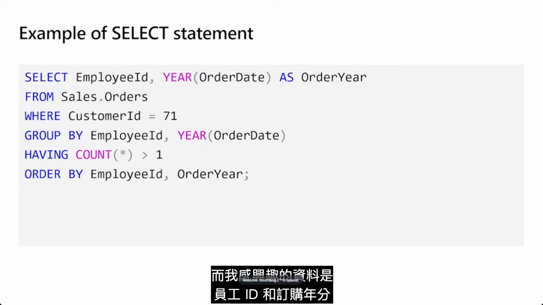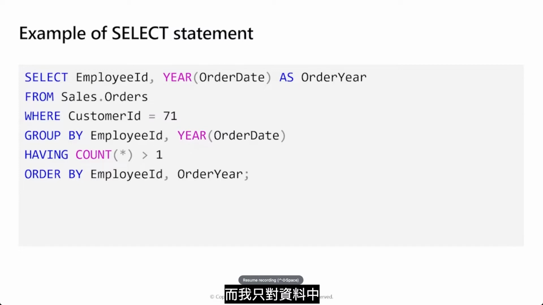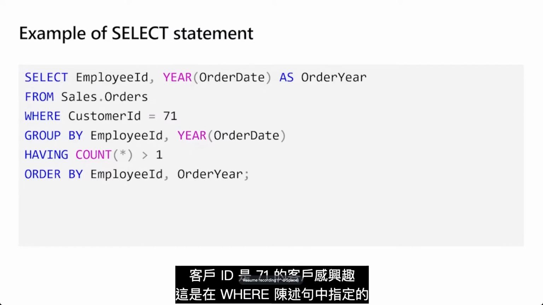And the data I'm interested in are employee ID and the order year, which is specified in the select statement. And I'm only interested in the data where the customer ID is 71, which is specified in the where statement.